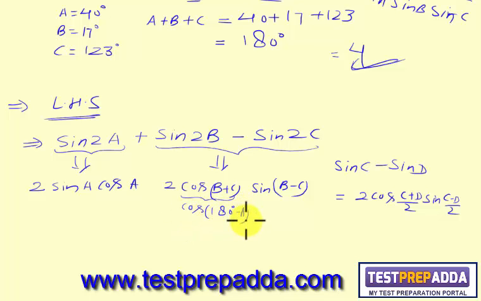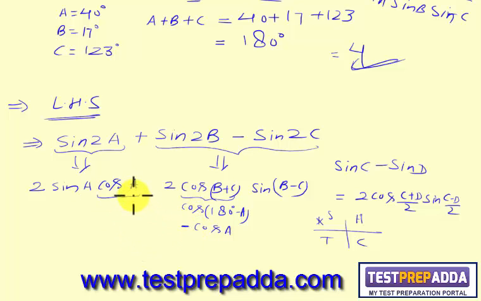Now cos 180 degrees minus something is cos A. Now it will be minus or plus. How will you decide? Quadrant. The 180 minus theta angle lies in the second quadrant where cos is negative, so it becomes minus cos A.